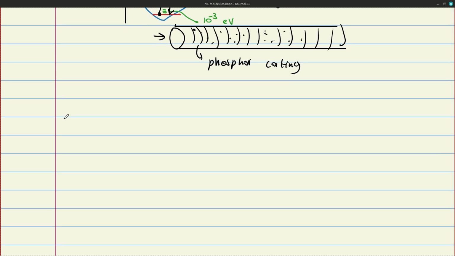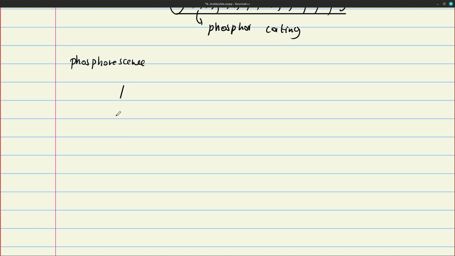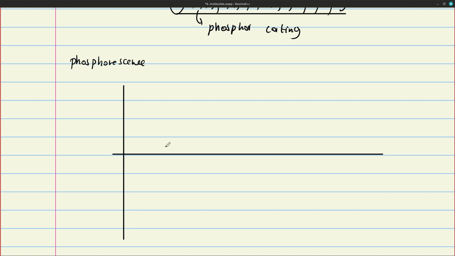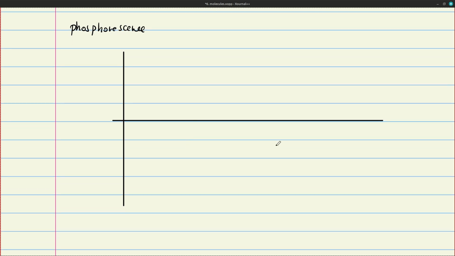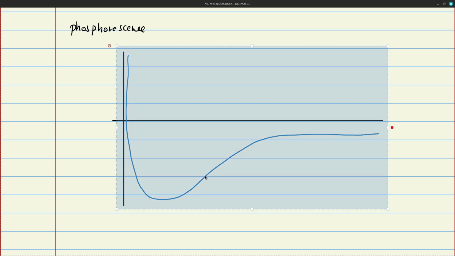Another thing is phosphorescence. What I said to you was like this, I have these levels. But let me draw it one more time, maybe a little nicer, to show you the important structure. I have this molecular potential, and I want to duplicate it.